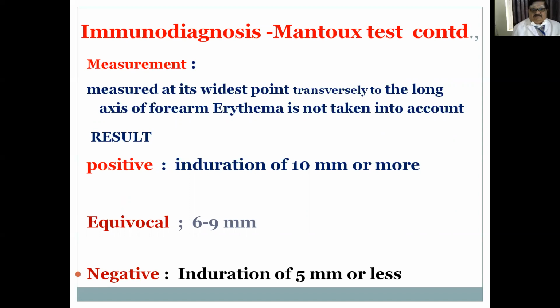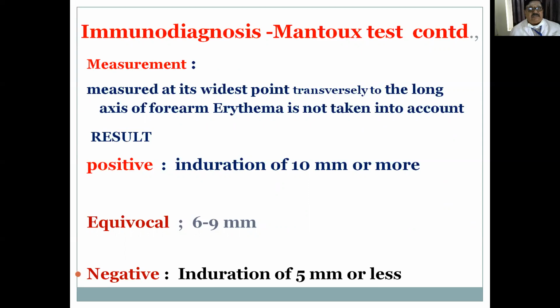And how do you measure? It is measured at its widest point transversely to the long axis. This is the long axis, and transversely is the one that is important. So transversely you measure. And how do you read the result? Positive, an induration of 10 millimeters or more.